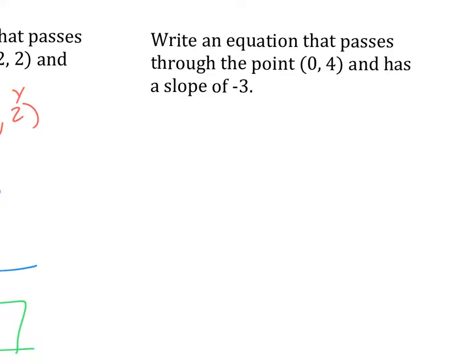Let's look at one more example here. We're going to write an equation that passes through the point (0, 4) and has a slope of -3. So m equals -3, and for (0, 4) we have x, and we have y. So we'll end up with our equation y equals mx plus b.